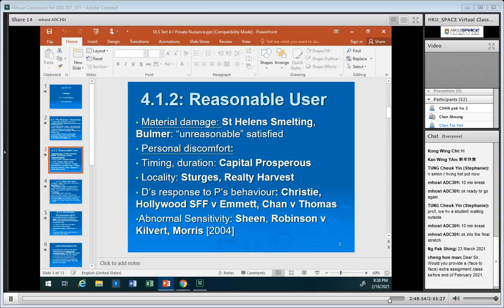Similarly, in Hollywood Silver Fox Farm and Emmett, the plaintiff bred silver foxes on a farm. During mating season, the foxes were very sensitive to noise, so here we have a fox hater. The defendant was the owner of the neighbouring land. Out of malice, he fired guns on his own land near the boundary with the plaintiff's farm. As a result, the silver foxes refused to breed, miscarried or killed their cubs.